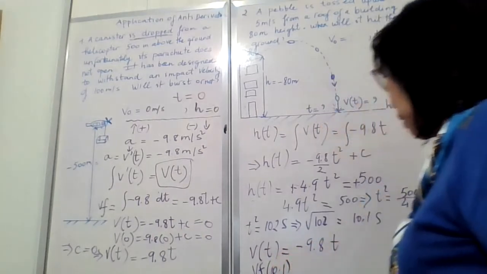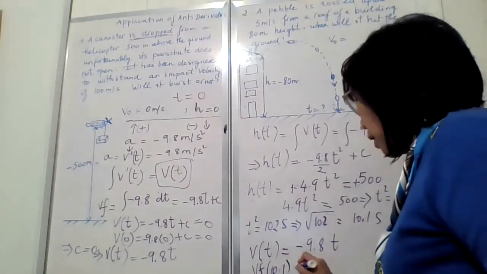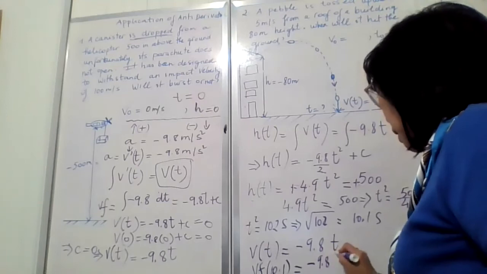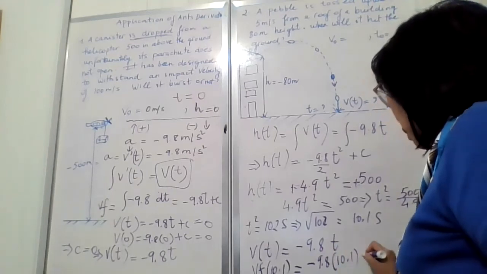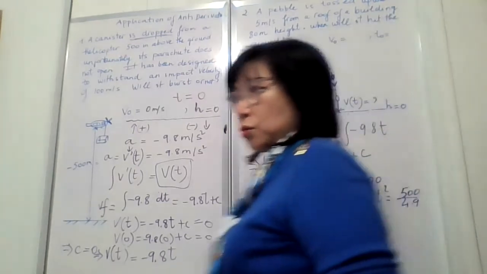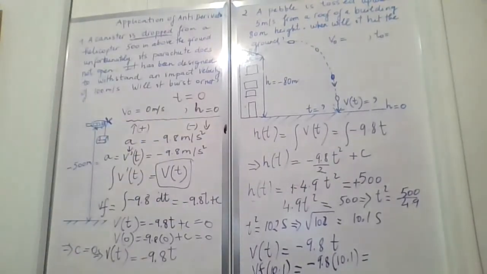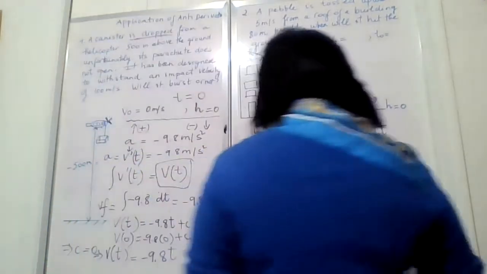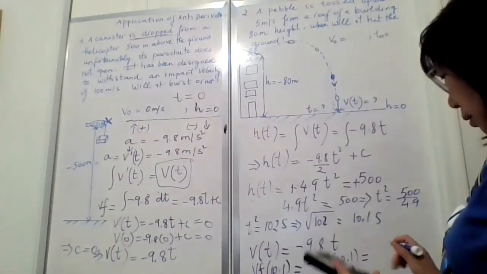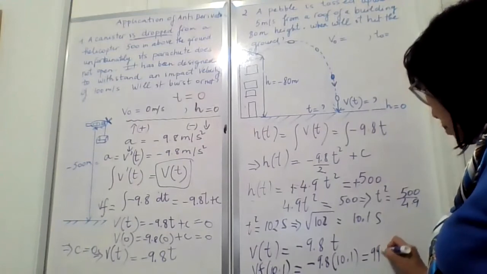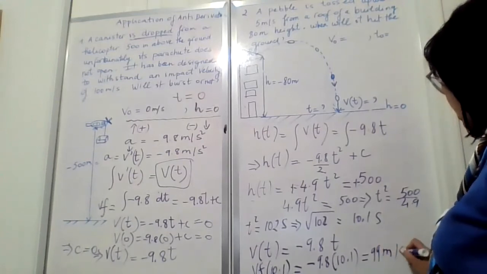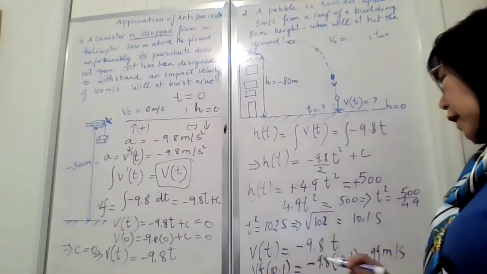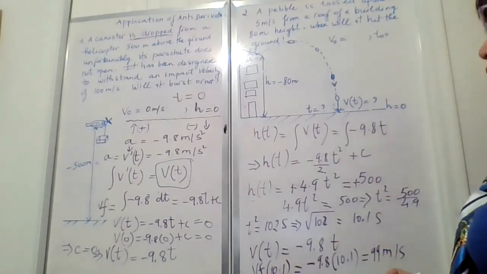It takes 10.1 seconds for the object to fall to the ground. So it will be minus 9.8 times 10.1, and let me get the accurate value. It rounds up the same as 9.8, but this is about 99 meters per second. So that is the V final of this object.